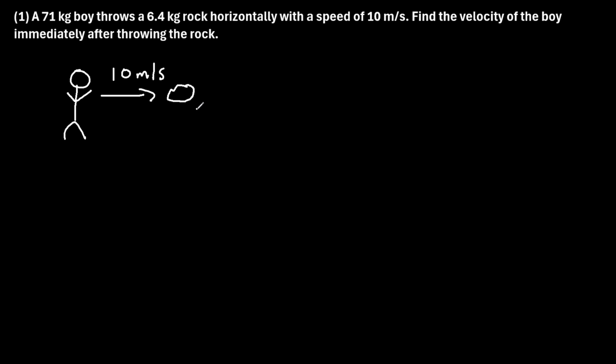So what we can say in this situation is that the initial momentum, denoted with a lowercase p, must be equal to the final momentum. The initial momentum is going to be the momentum of the boy plus the momentum of the rock. And the final momentum will be the final momentum of the boy plus the final momentum of the rock.